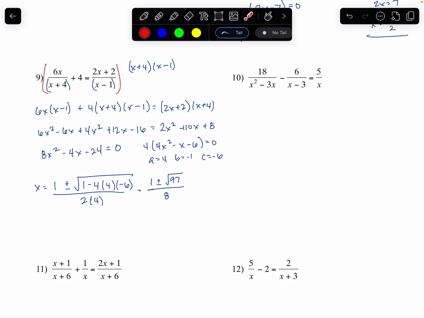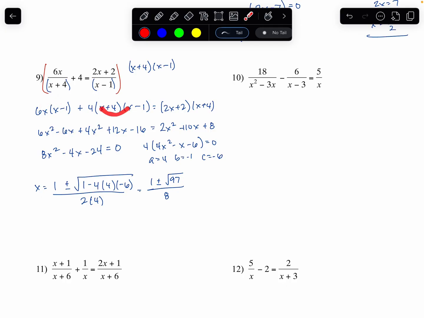So multiply here, x plus 4 cancels, and I get 6x, so that's going to be, okay, 6x times x minus 1, 4 times x plus 4 and x minus 1, 2x times x plus 4. That becomes 6x squared minus 6x.